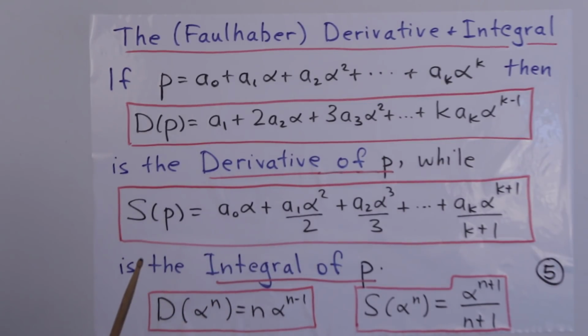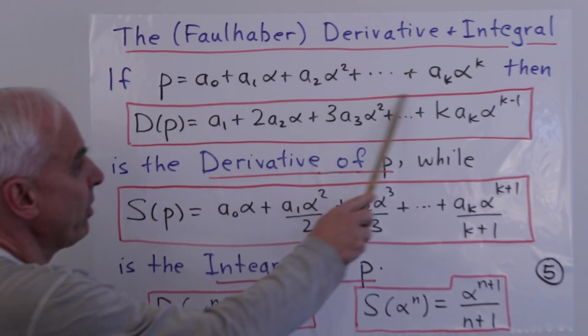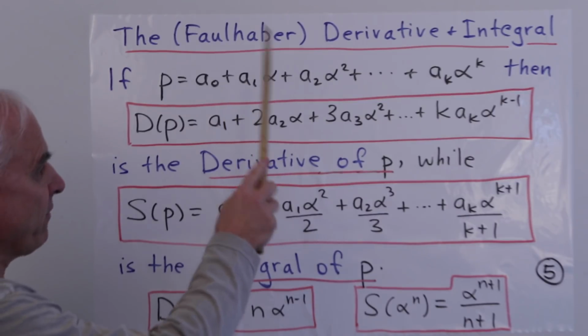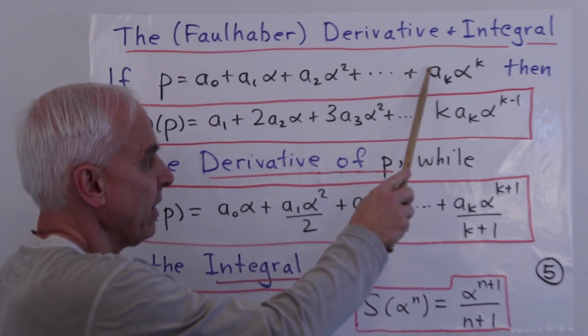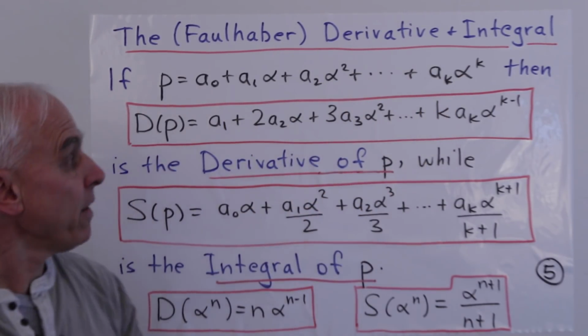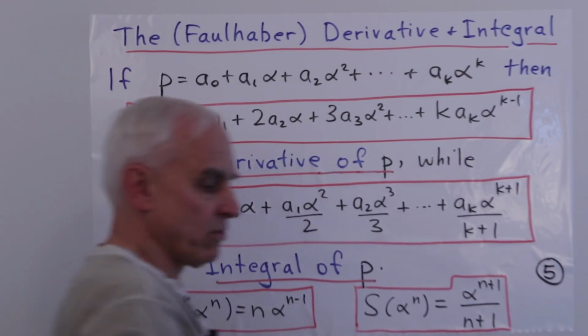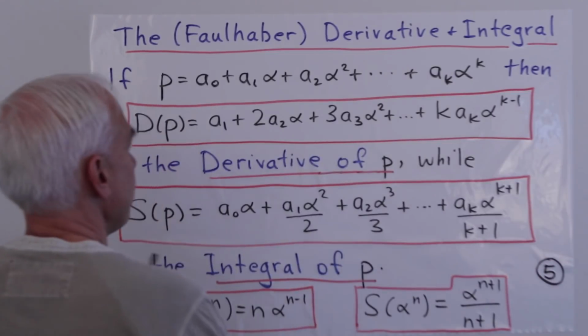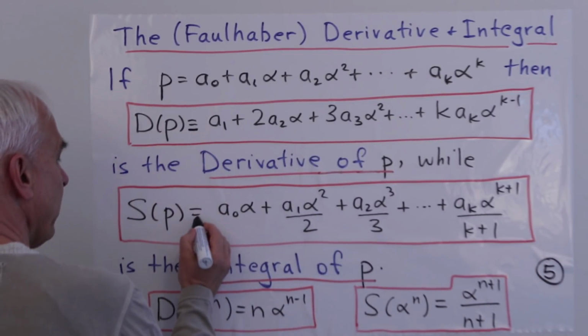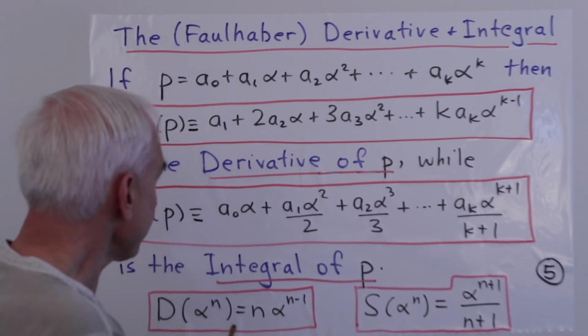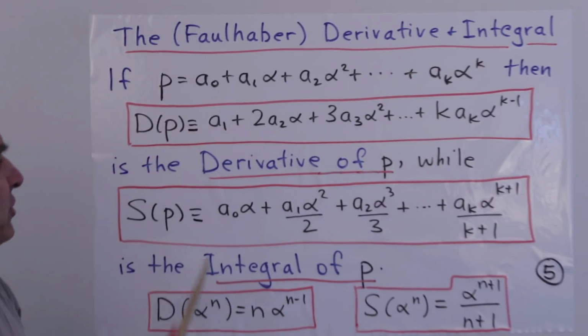So if p is this polynumber, a0 plus a1 alpha plus a2 alpha squared all the way up to a sub k alpha to the k, then here is the definition of the derivative. It's a definition. We might as well make that explicit. We'll put 3 bars there and here also for the integral. All right, so this is the capital D derivative.